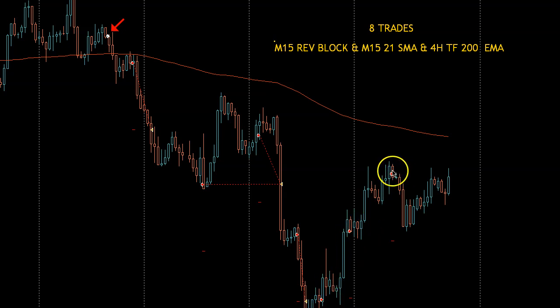On the previous example, we got 6 entries. Now we got 3, and maybe out of these 3, only 1 would have worked out. And then we would eventually have to see how we could manage these selling entry opportunities in here.